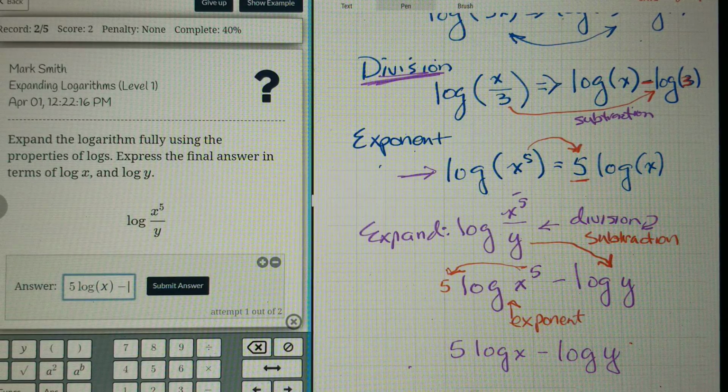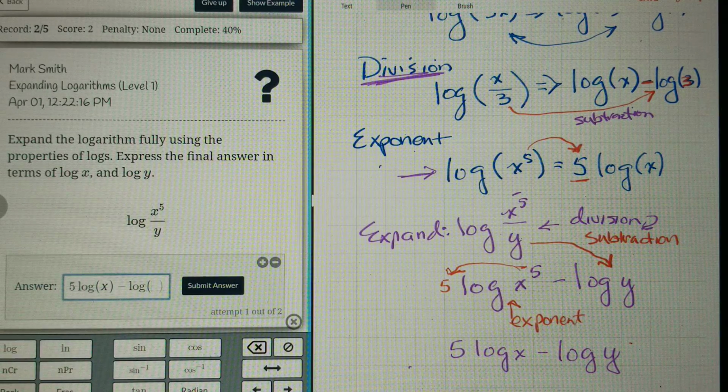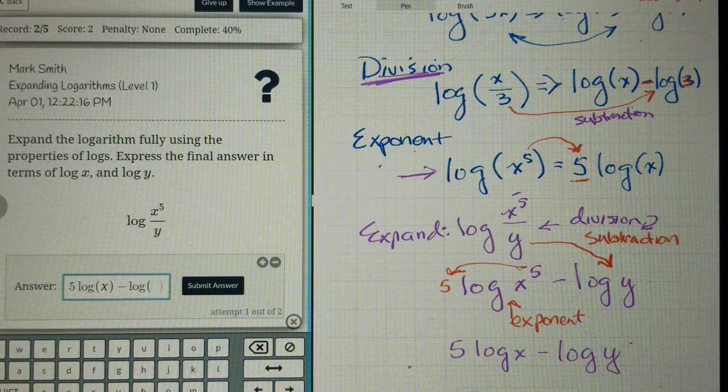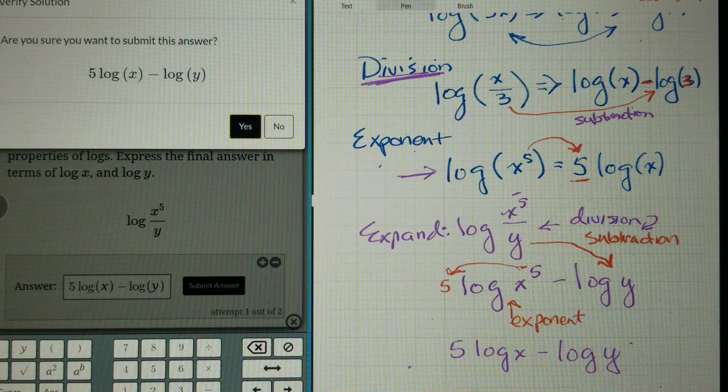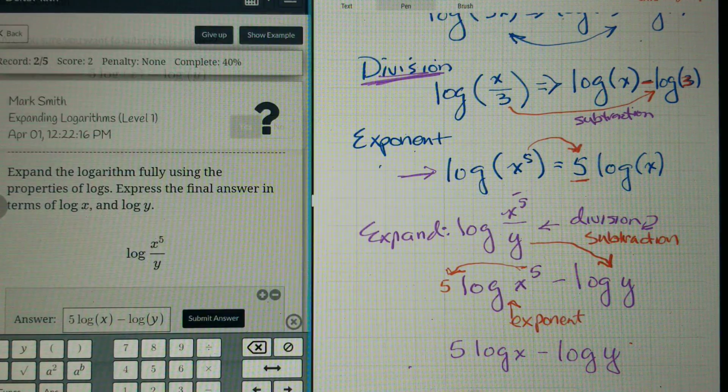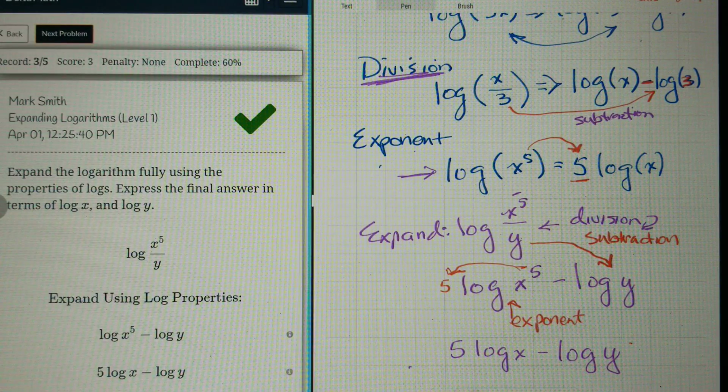These are kind of a pain to put in, aren't they? And there we go. 5 log of x minus log of y. And we get a green check. So just be careful with those, going back and forth between condensing and expanding, but not too bad.